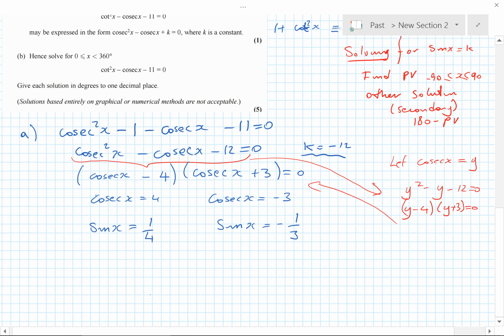So in other words, for the sine graph, you can find one value which is the principal value and the other one which is 180 minus the principal value. It's all based around the fact that there's symmetry around 90 here. So if we have one solution here, we're going to have another solution, 180 minus it, because of the symmetry of the sine graph. Then for any other solutions, add multiples of 360 if necessary, to either or both.